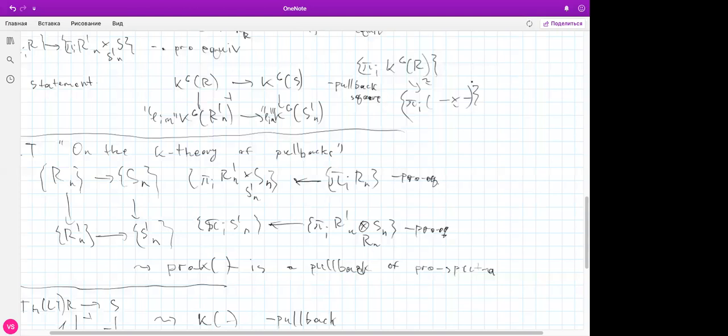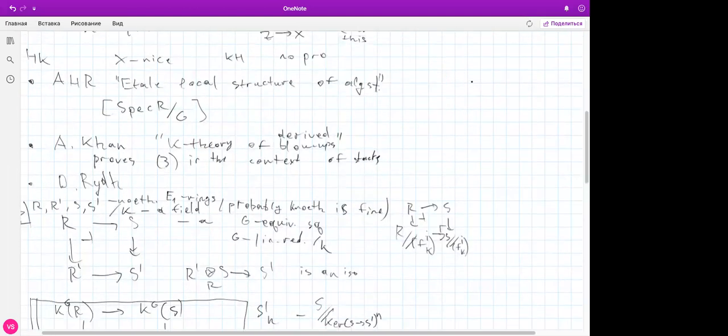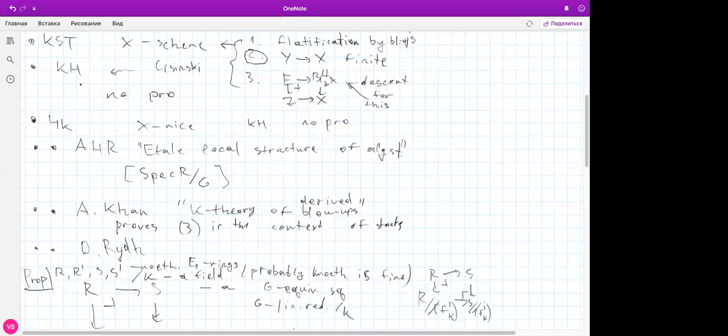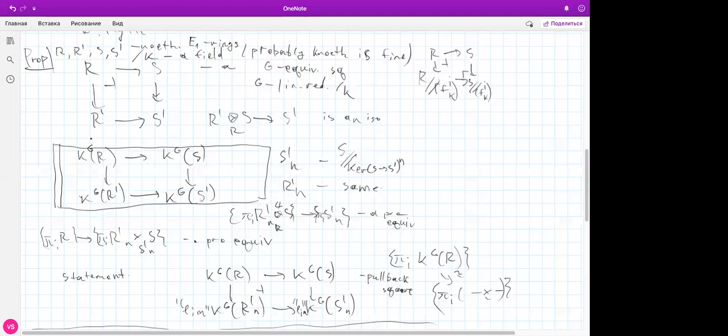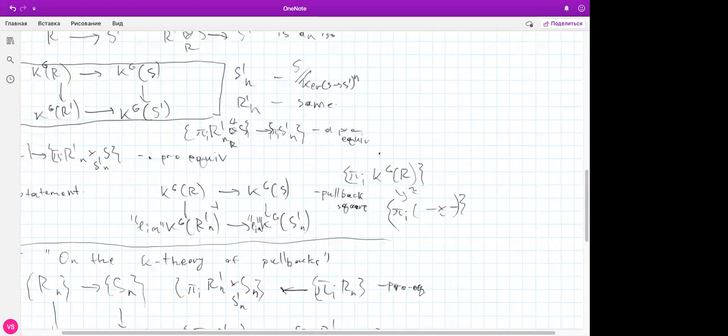And that's what all of these results are about. That's what KST is about. That's what Tamme is about. It's all about saying that this square is not actually a pullback square in prospectra. It's a weak pullback square. It's an equivalence after all truncations, or it's an equivalence on all homotopy groups.